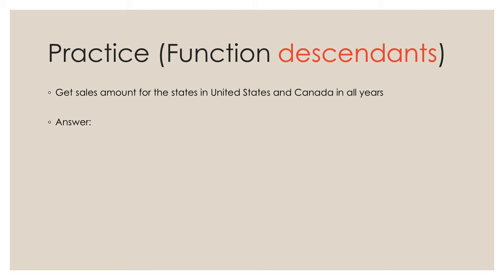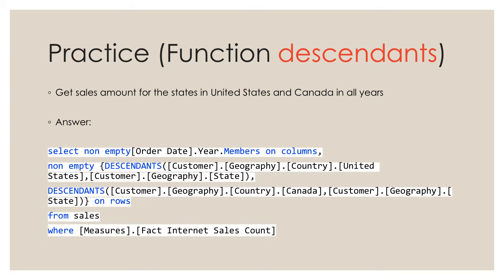All right, so I think it's good for us to see the answer. Before, what we had were customer.geography.country.United States and customer.geography.country.Canada. Now, instead of the two countries, I want to get the states.